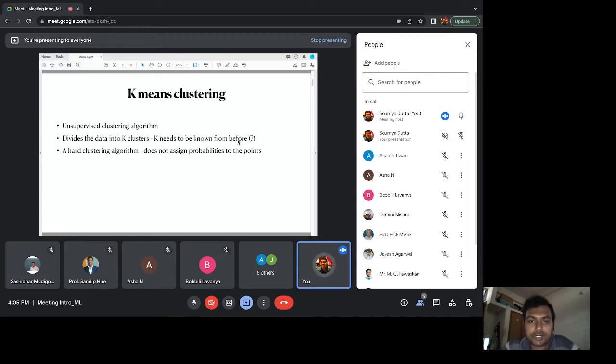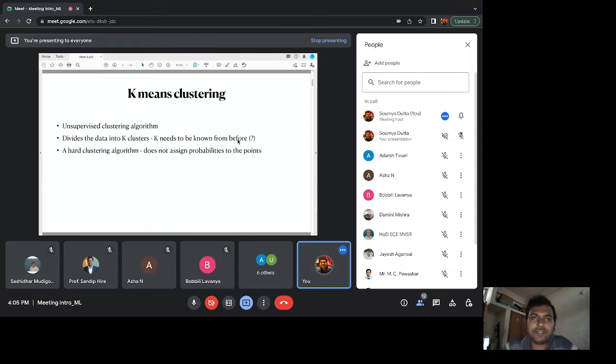I hope you saw that in some parts of the lecture notes, at least there were references to an algorithm called the EM algorithm. There is another popular clustering technique called Gaussian mixture models.